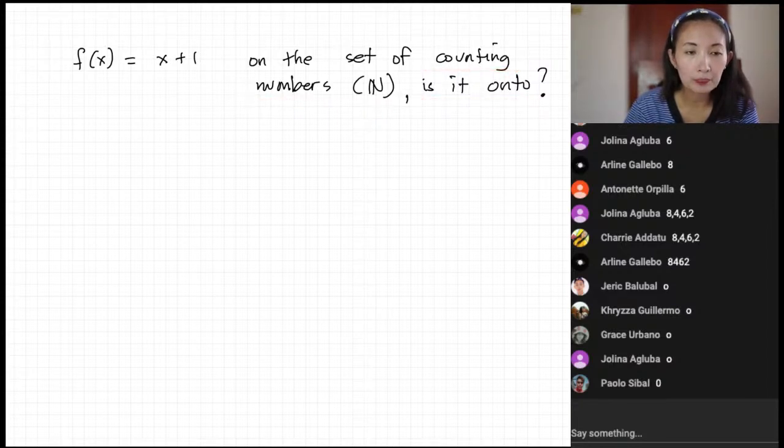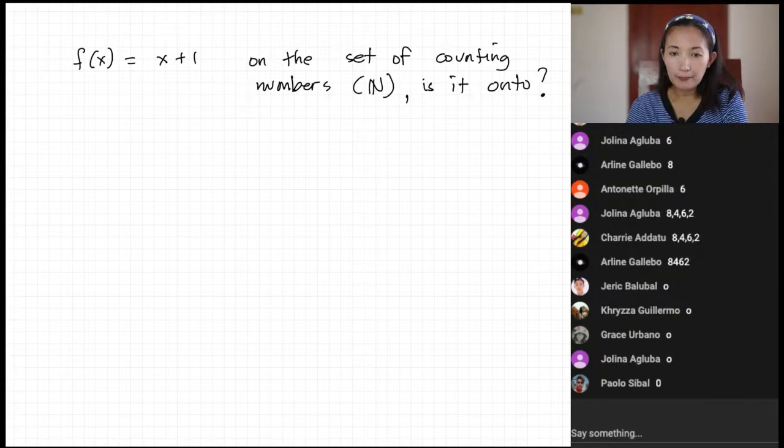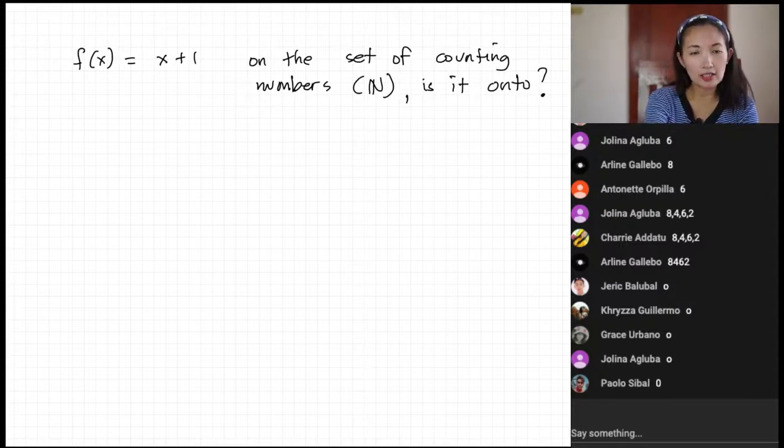When is it onto, or surjective? Can you recall? Anyone who can describe a surjective function? What did we say about a surjective function? When is it surjective, or when is it onto?